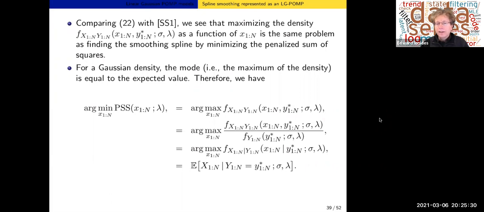And that is exactly the conditional density of xn given y1 to n. That's the smoothing density. And the argmax is the mode, but that's the same as the expected value. And so we found the smoothing expectation that comes out of that.